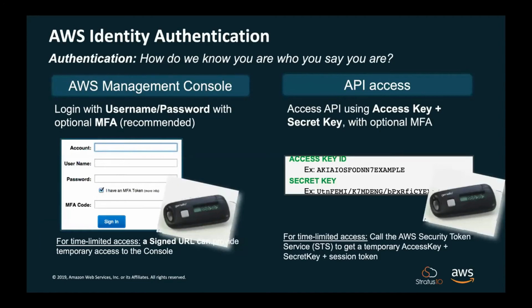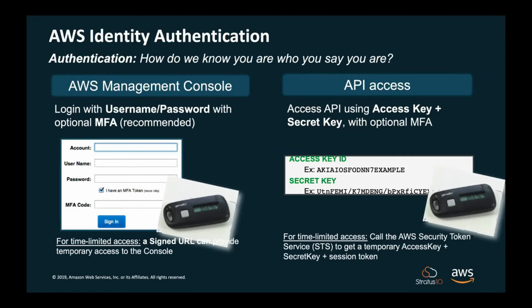Cool. So authentication, how do we use it? We use it to log in. You've already used IAM in a way to log into your account. Going to the console, you provide the account ID or the key associated with your account, your username, and your password.